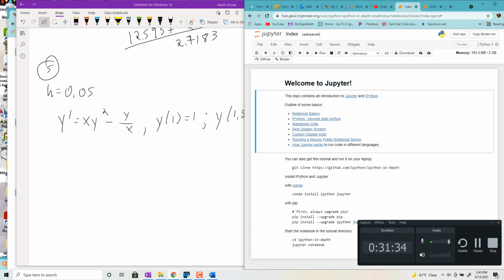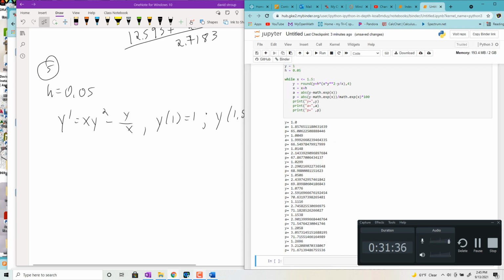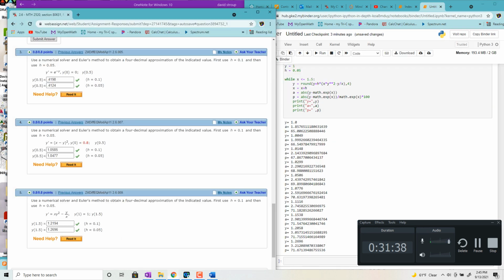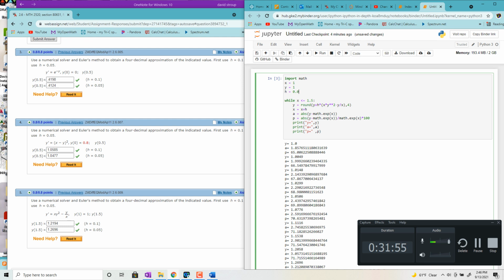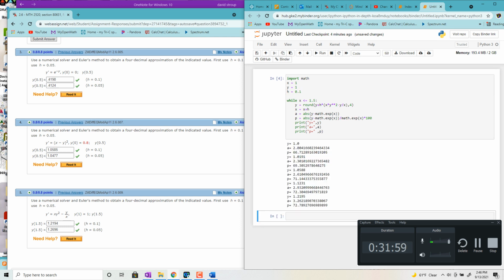Did I cross it out? Yeah, 1.2696 with h is 0.05. It's right here. Or if I want 0.1, I can just go up here to my h value, make that 0.1, and then run it again. And 1.2194 is right there.